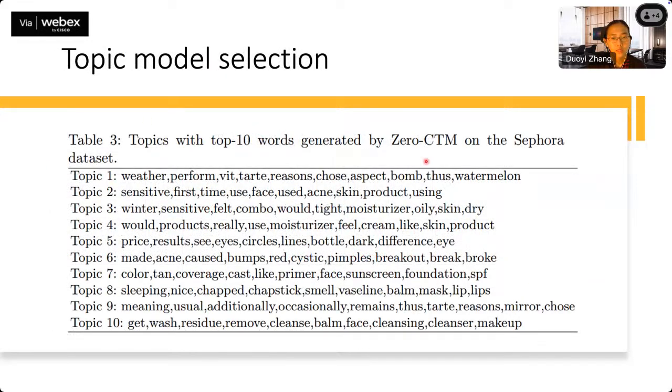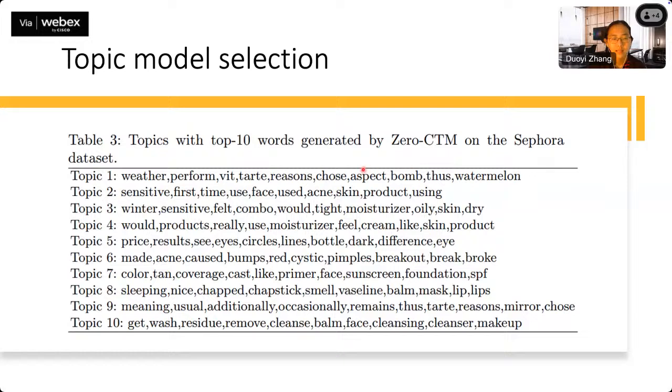Here we manually check the topics generated by the different methods. Here are some examples generated for the Sephora dataset. We select the top 10 words to represent each topic. Topic 1 contains words like weather, perform, wheat, tarty, reasons, truth, aspect, boom, thus, watermelon.